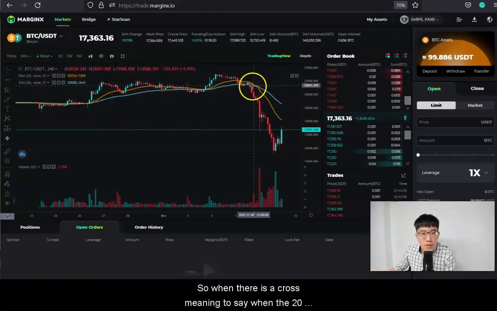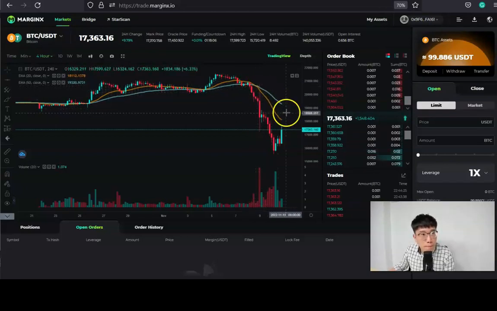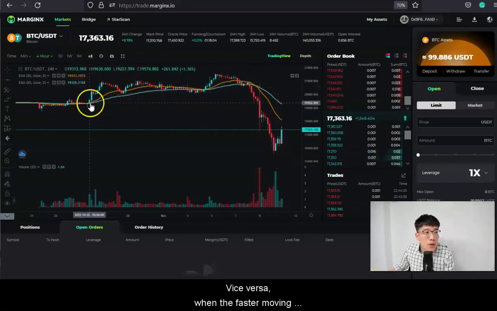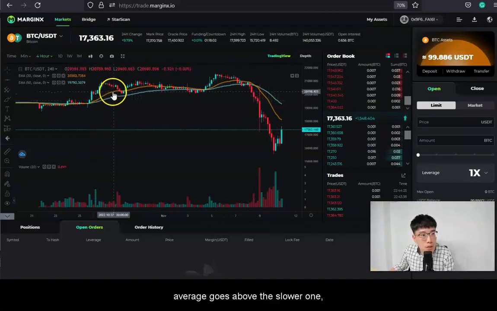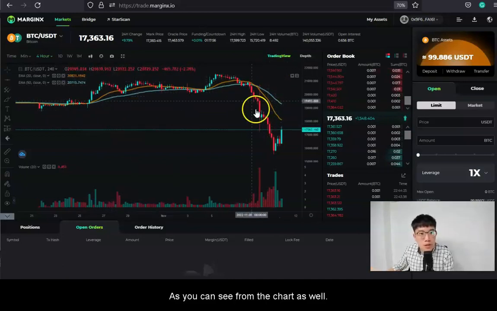So when there is a cross, meaning when the 20 EMA, which is the orange color, goes below the 50 EMA, it indicates a drop. Vice versa, when the faster moving average goes above the slower one, it means an uptrend, as you can see from the chart as well.